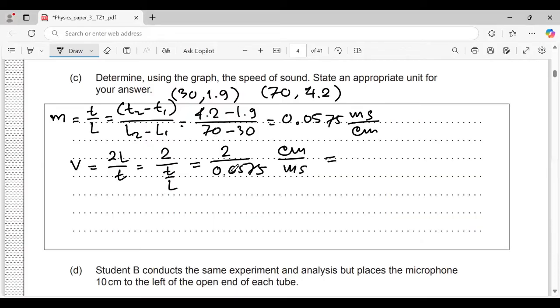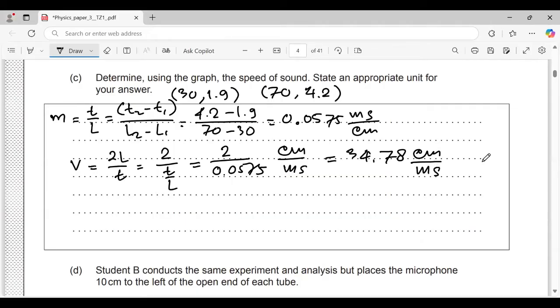If you calculate 2 over 0.0575, the result is 34.78 centimeters per millisecond.